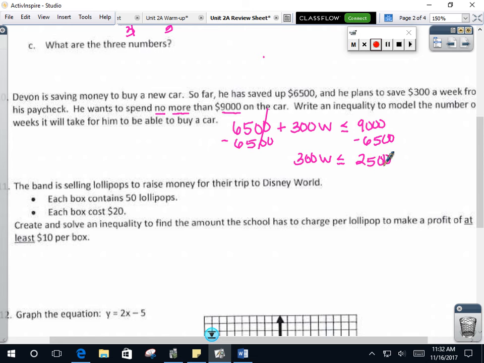So that's the amount he needs to save to get to that $9,000 car, right? And if he's making $300 a week, divide by 300. And so that means it needs to take him no more than 8 1/3 weeks.